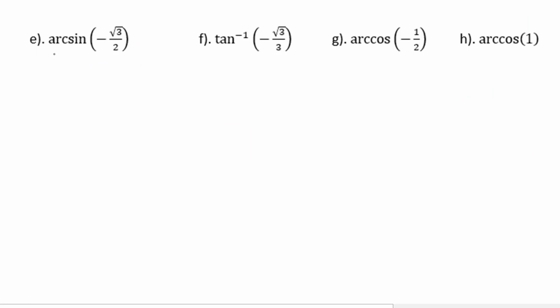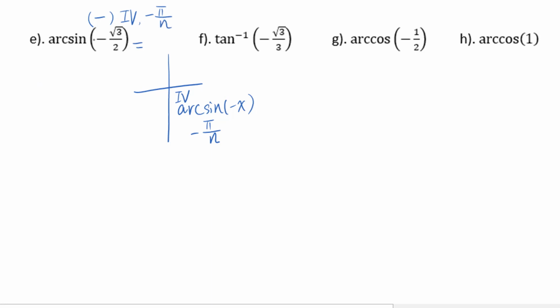Let's go to E, arc sine of -√3/2. We do know for arc sine of negative x, go to the fourth quadrant. The pattern will be -pi/n. So this is negative, then the fourth quadrant. Its pattern is -pi/n.